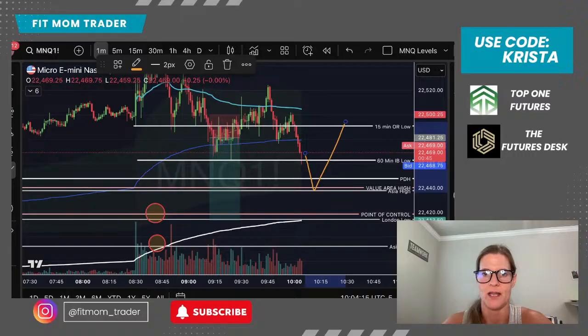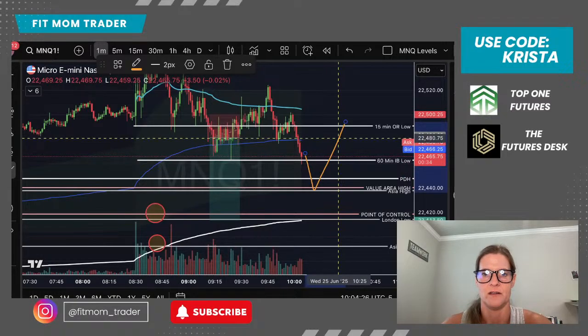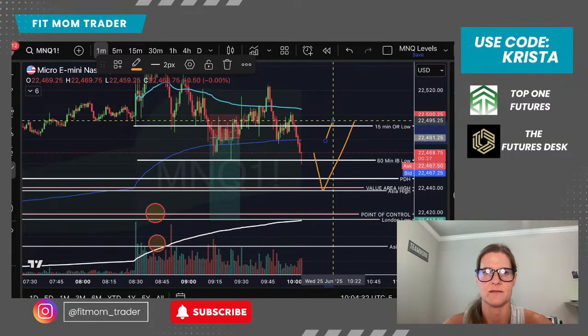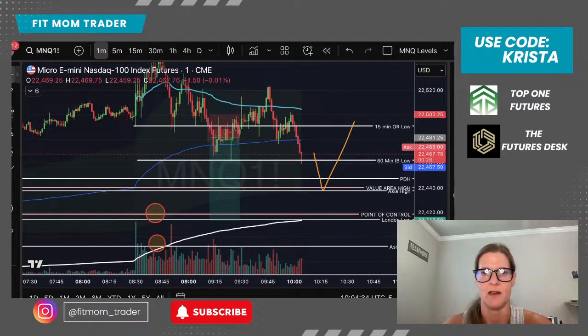So there we are at initial balance low. Not really getting a good strong buy up from there, so wouldn't want to take a long yet. A perfect scenario for a failed auction for me is a liquidity sweep and then a buy up.